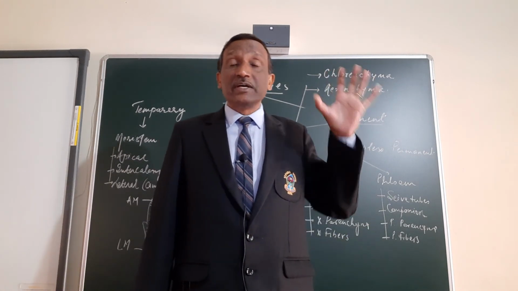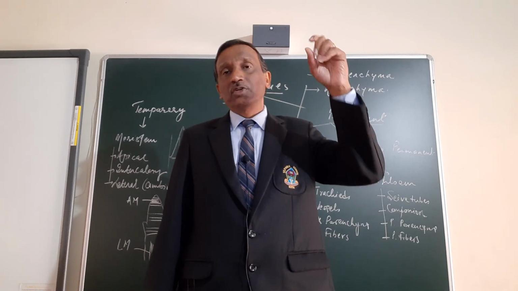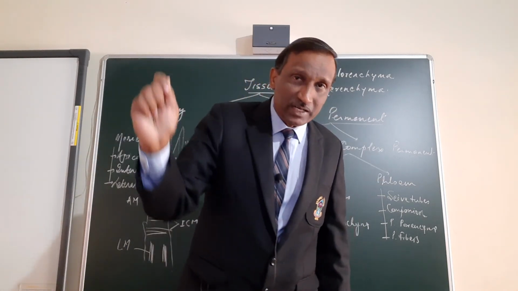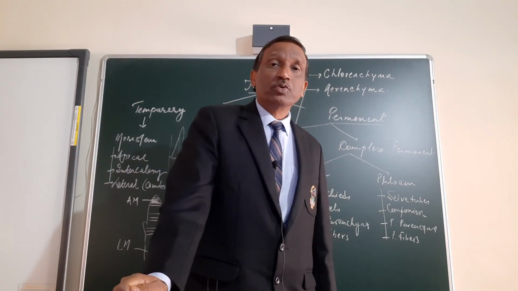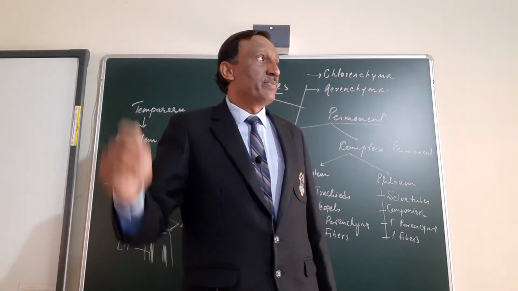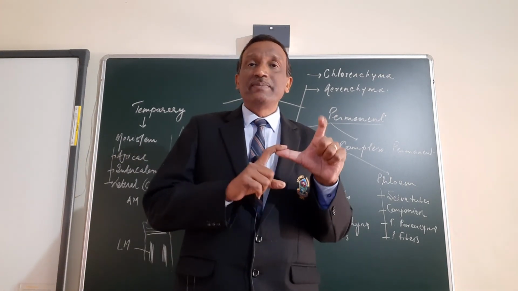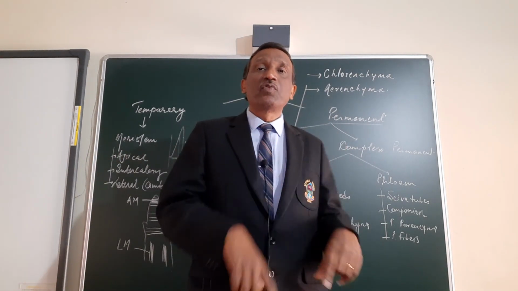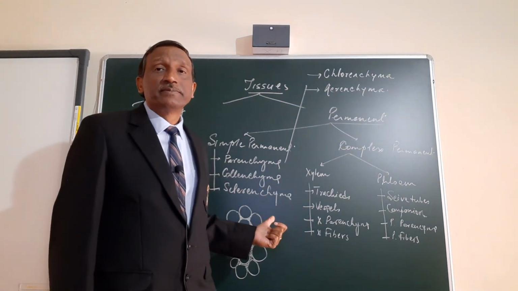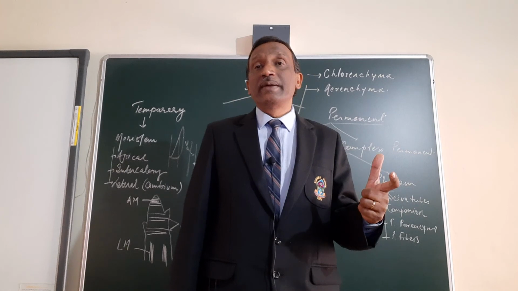A monkey can jump, but the branch will not break. When you pull a branch, it comes with you, but no sooner you leave than it goes back. It is not that you applied force and the branch broke. So wherever flexibility with strength is required, collenchyma is there.